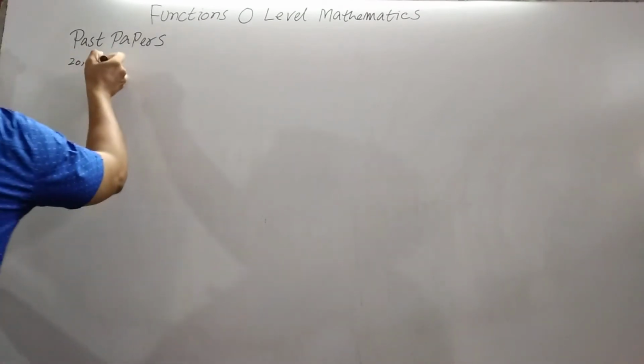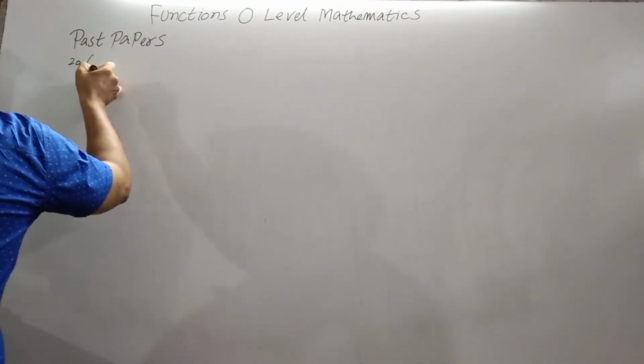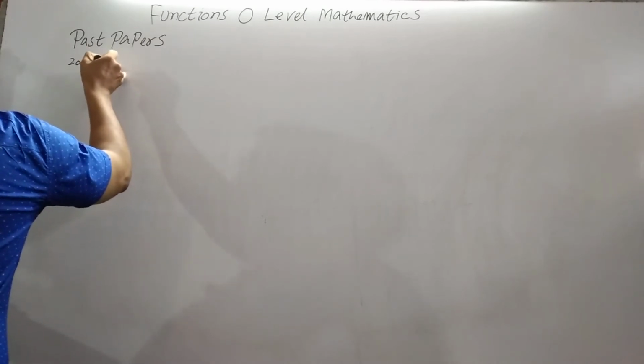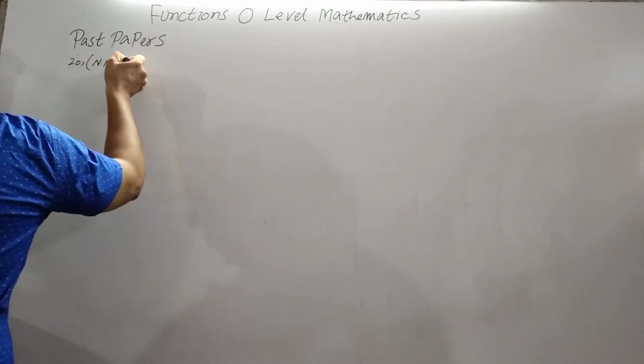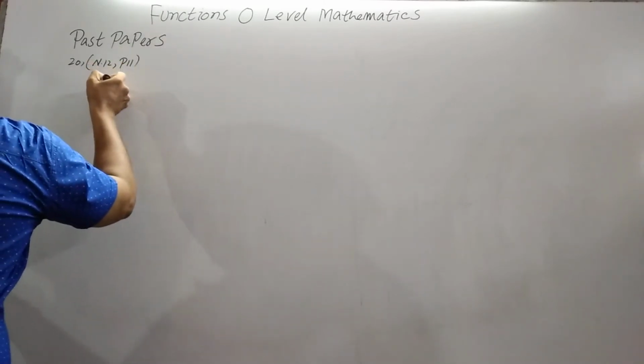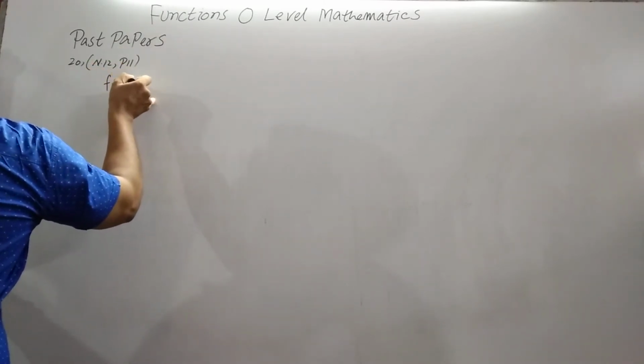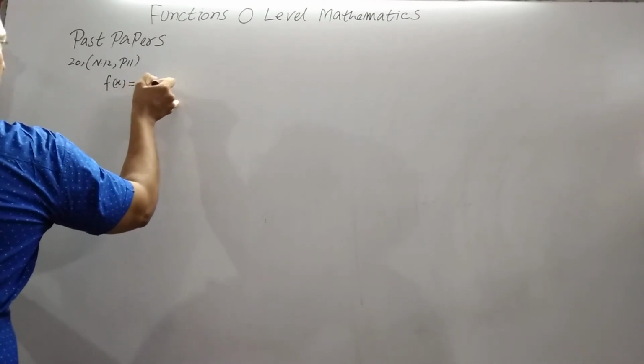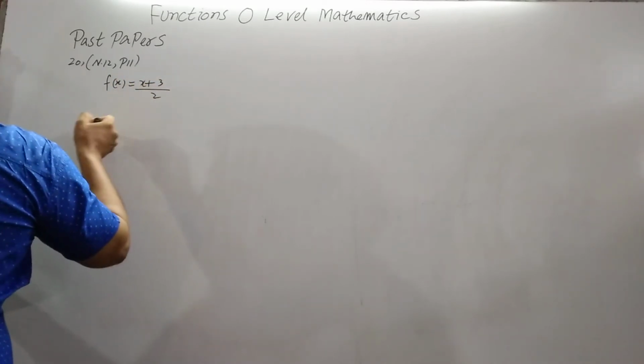Question number 20 came in November 2012, paper 1-1. Okay, and the question is f(x) equals (x plus 3) over 2.